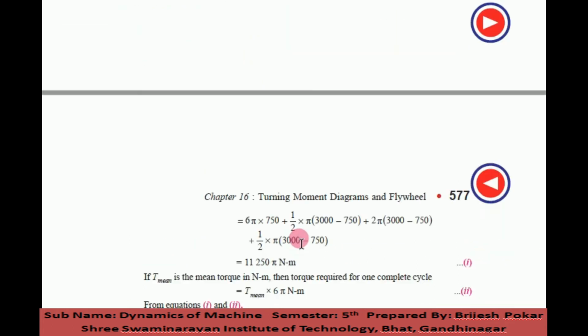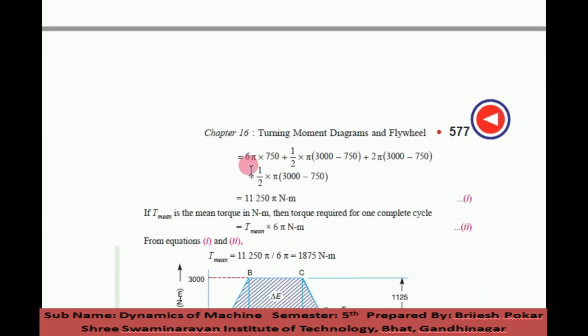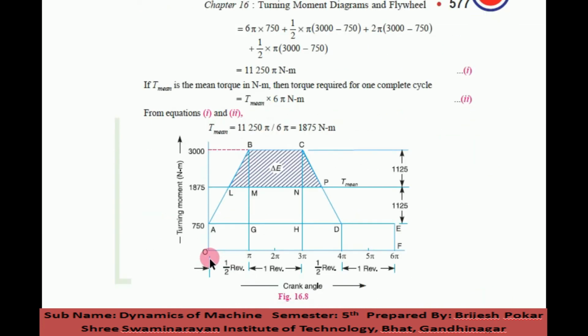So here OF into OA, where OF is totally 6 pi. You can see here, first half revolution is pi, again 1 revolution is 2 pi, again 1/2 revolution is pi, so adding, 4 pi, and again 1 revolution, here 6 pi.